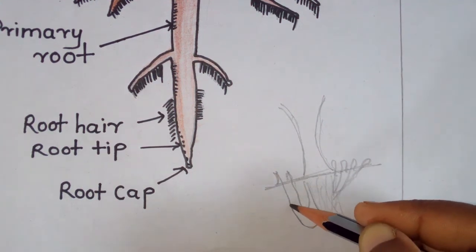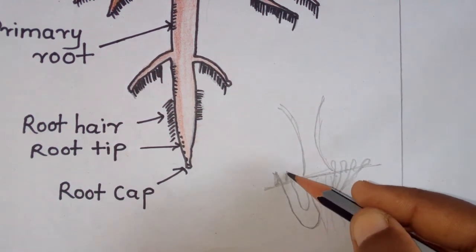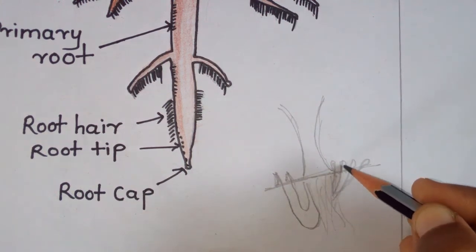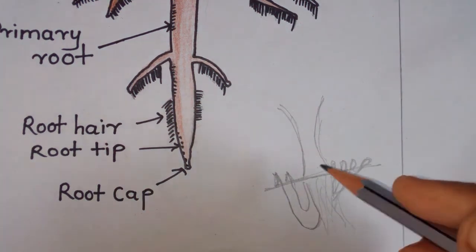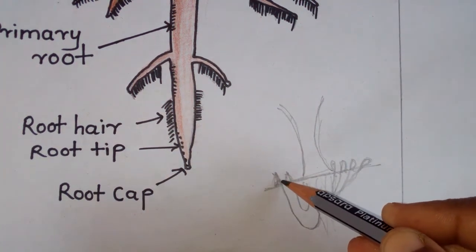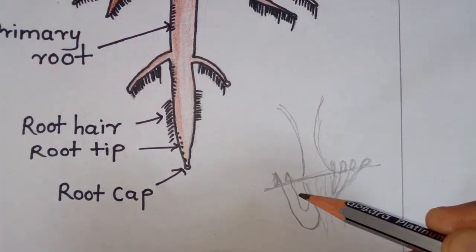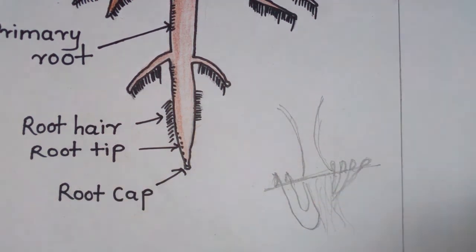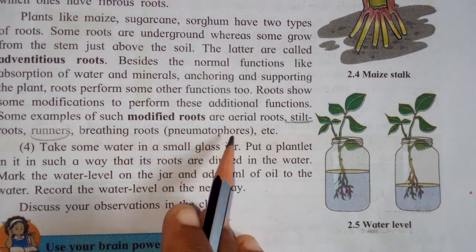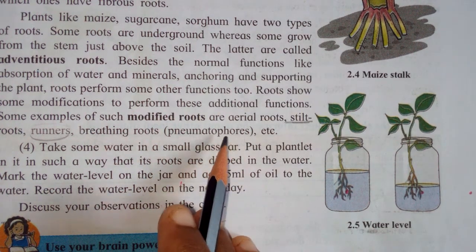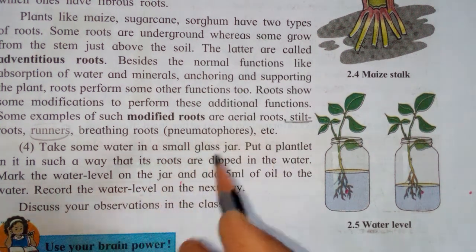And here a small structure, a spore-like structure, is there. It is said to be the pneumatophores. Likewise they get air, coming outside again for getting air. That's why such a type of root is said to be the breathing root, or pneumatophores. All of you understood?